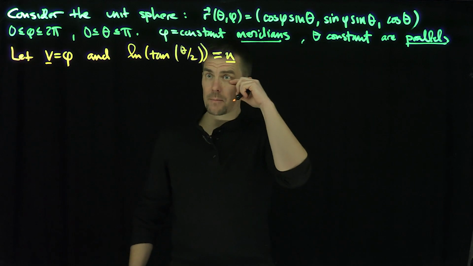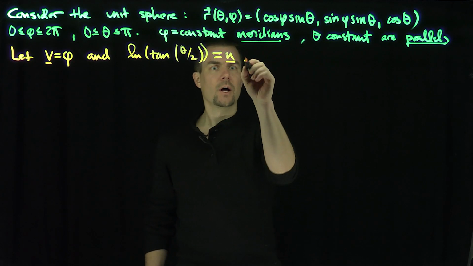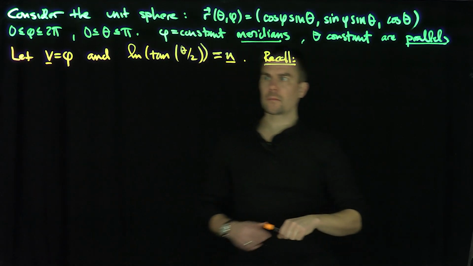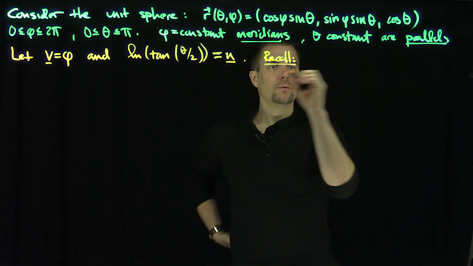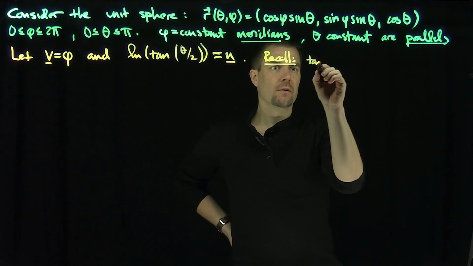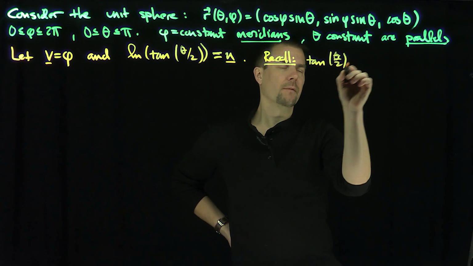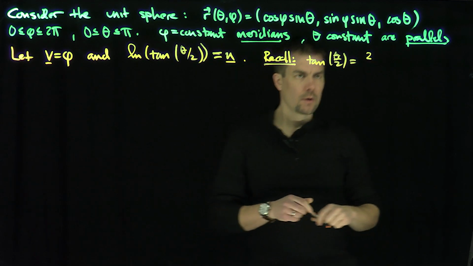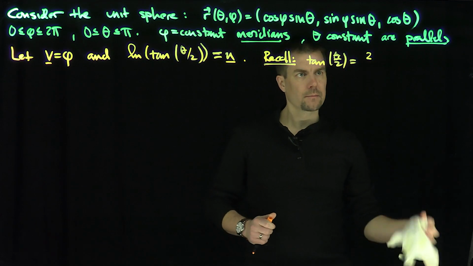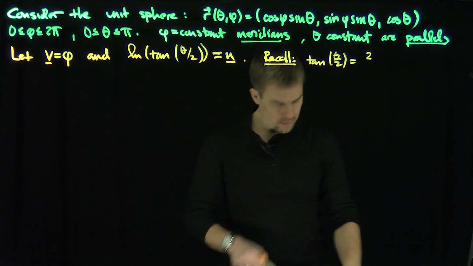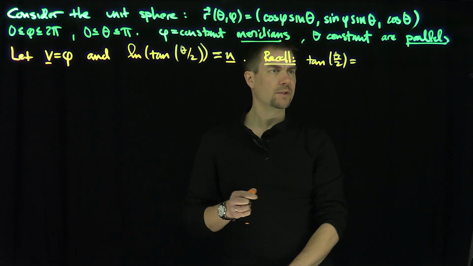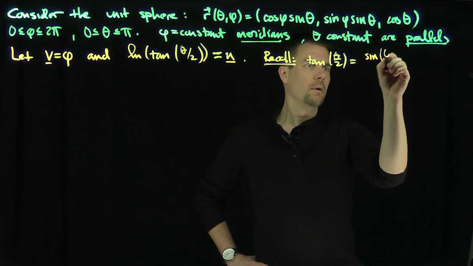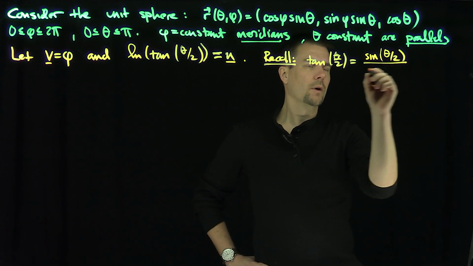Of course, it's important to remember what the tangent of theta over 2 is. So let's recall that the tangent of theta over 2, this is going to be an important identity for us. It's going to be the sine of theta over 2 over cosine of theta over 2.